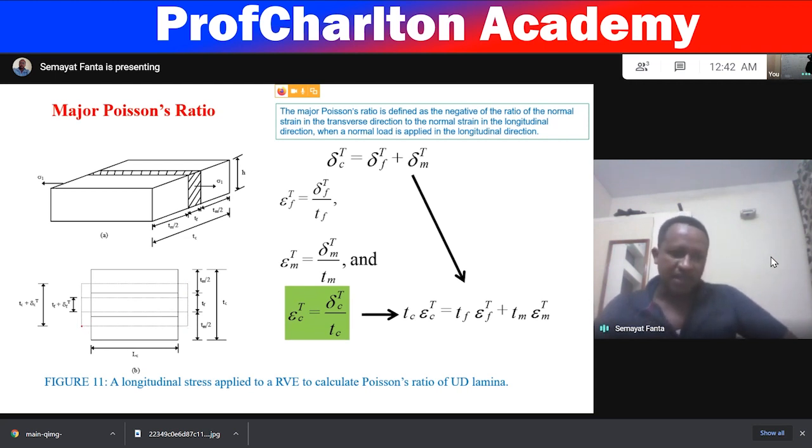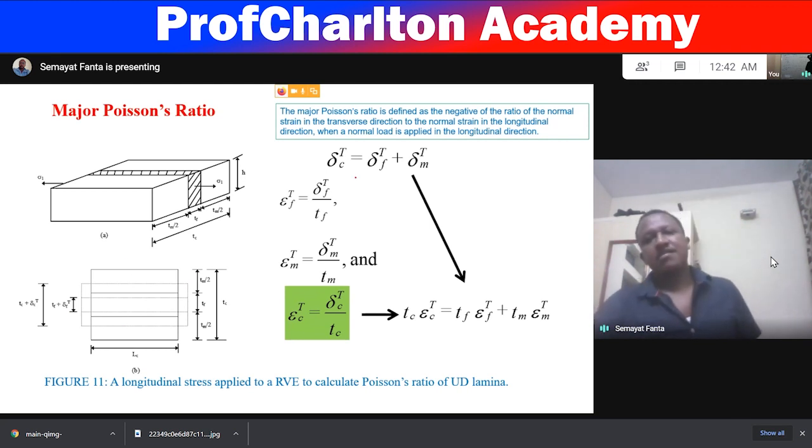The final dimension is greater than the initial dimension, so the change in length is positive. Then the strain is equal to the change in length over the original length. And in this lateral direction, the deformation from original to the next is a negative change. That will give a Poisson effect.